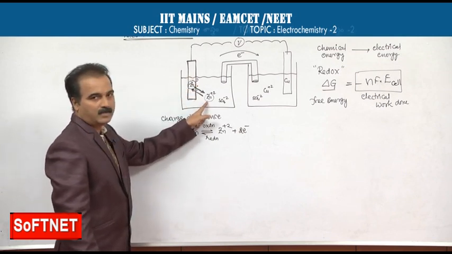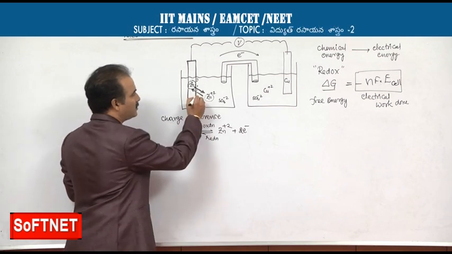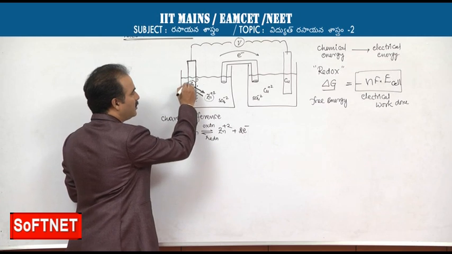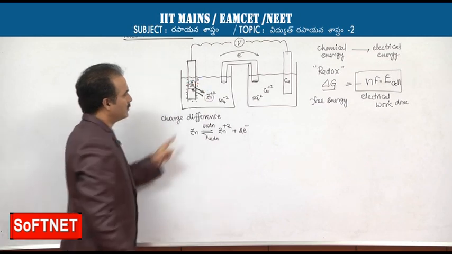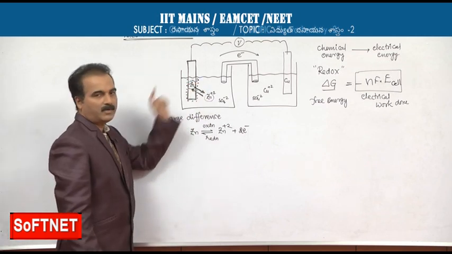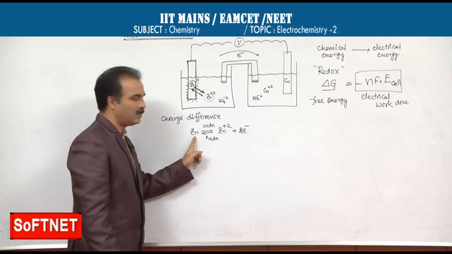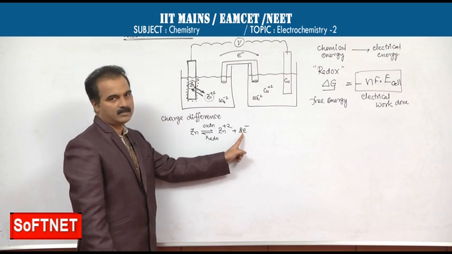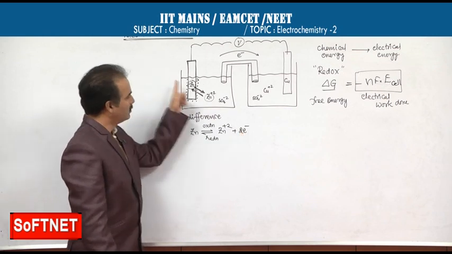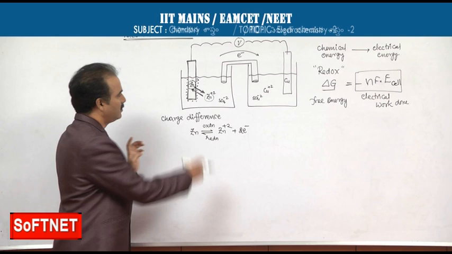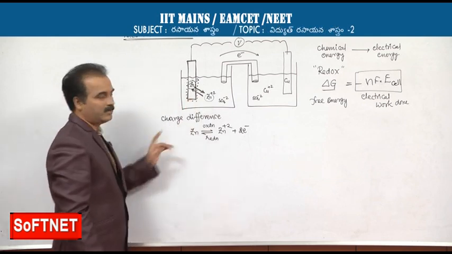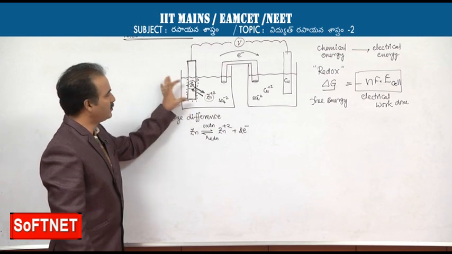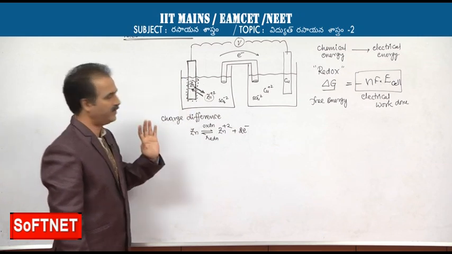At the state of equilibrium, a certain negative charge is developed on the zinc electrode, and that is decided by the ability of the zinc to go into solution as zinc +2 and 2 electrons. So, this reversible reaction develops some potential here, and what is the absolute value of this? One cannot find. So, absolute electrode potential we can't find.